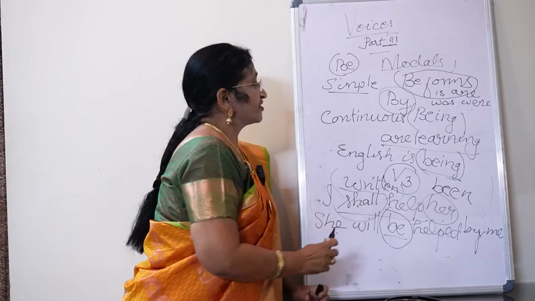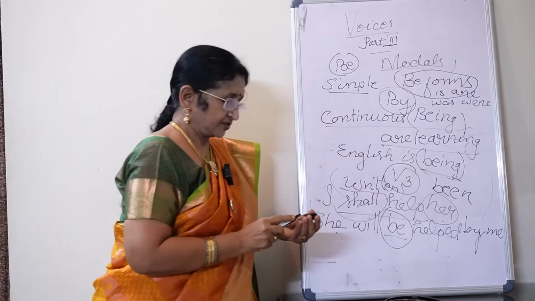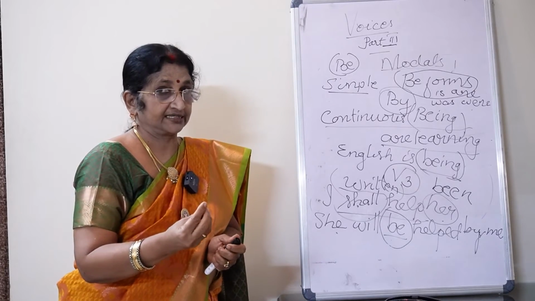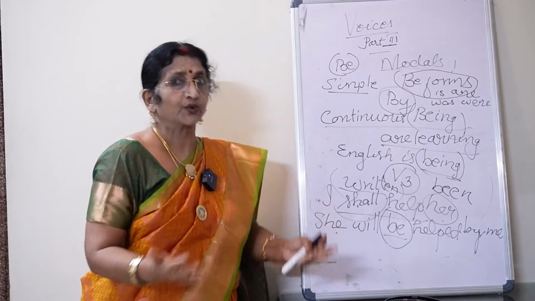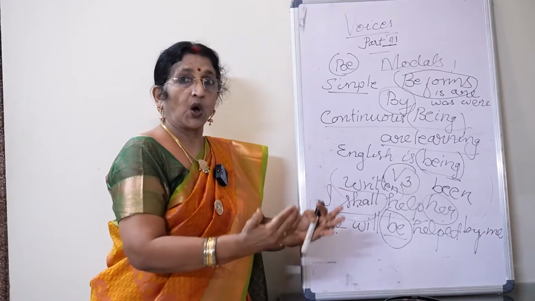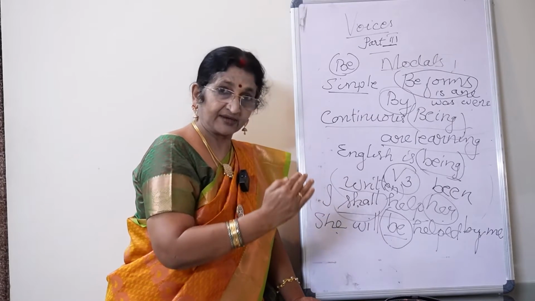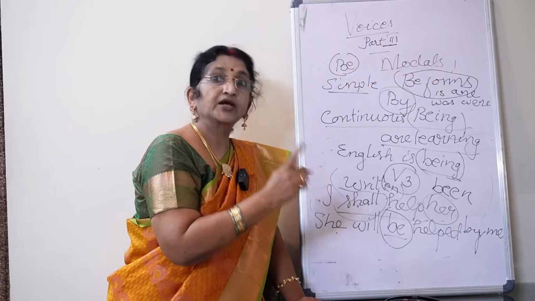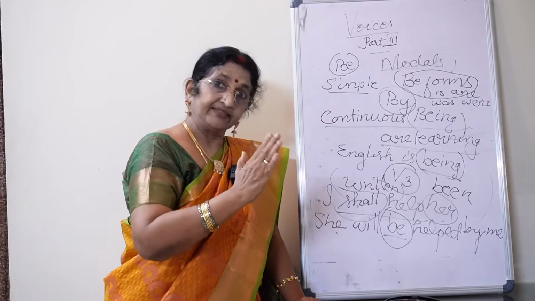Then when it is continuous tense, so the dog is biting the bones. The dog is biting the bones, continuous tense. It is going on biting, no? When we change it into passive form, the dog is singular, but the bones are plural.